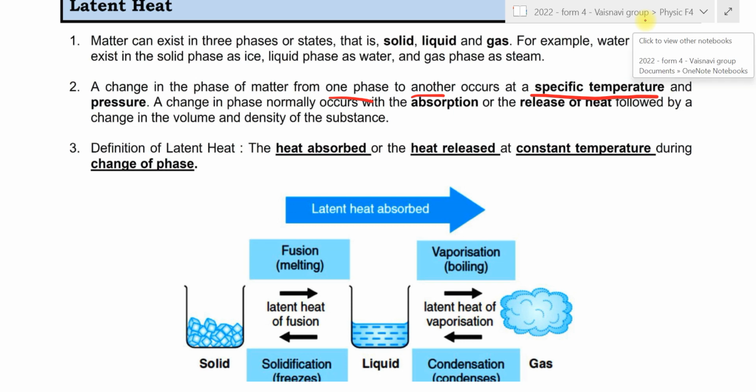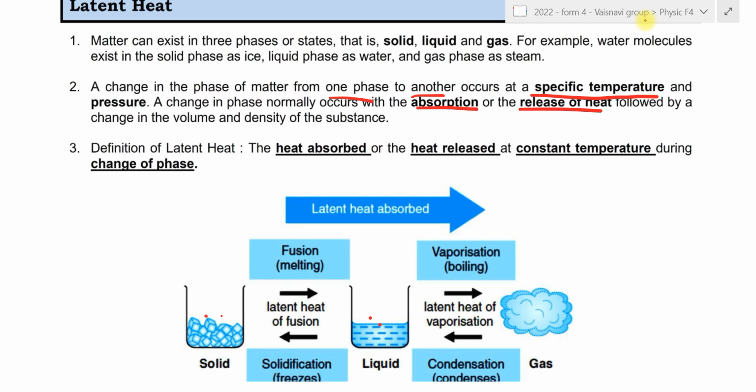A change in phase normally occurs with the absorption or release of heat. That's right. For a solid to become liquid it must absorb heat, but for a liquid to become solid it must release heat. Okay.